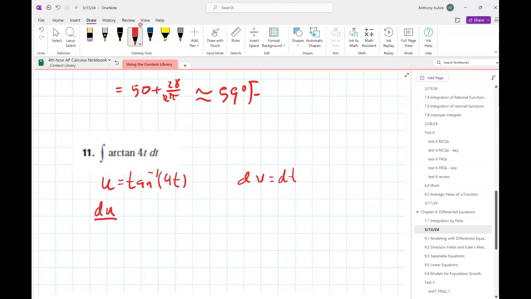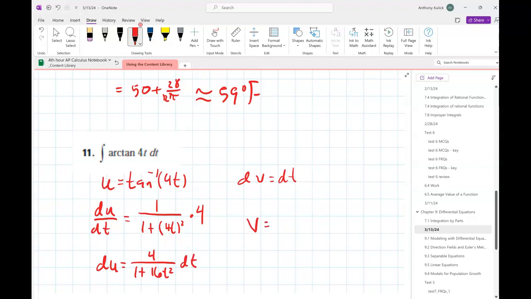So if I do the derivative of tan inverse, that's going to be 1 over 1 plus 4t squared times the derivative of 4t. So du is going to equal 4 over 1 plus 16t squared dt.